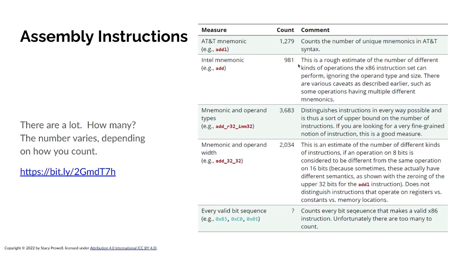So this helps reinforce my point earlier that these things are not one-to-one. We already can't agree on how many mnemonics there are for the same operations on the processor. If we count in other ways, we can get different numbers. The real question is, every valid byte sequence, how many instructions are there really? And that's a lot, right? Are there too many to count?